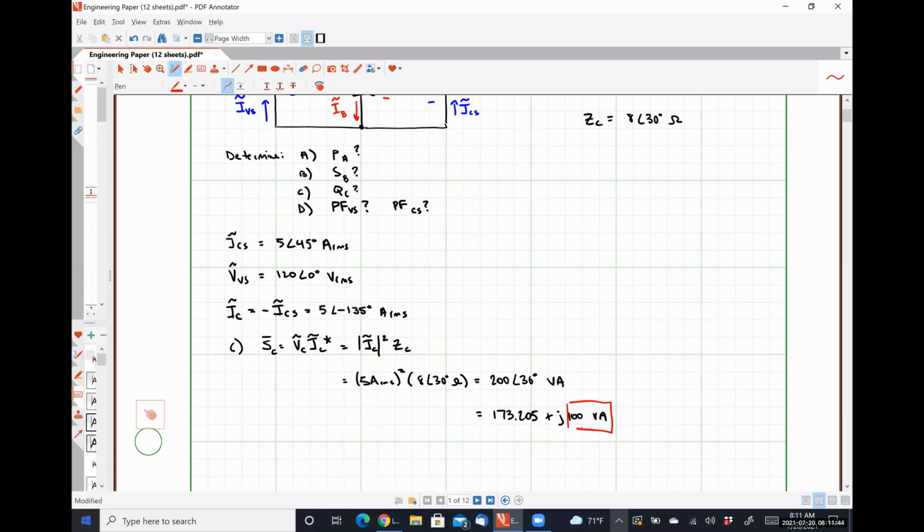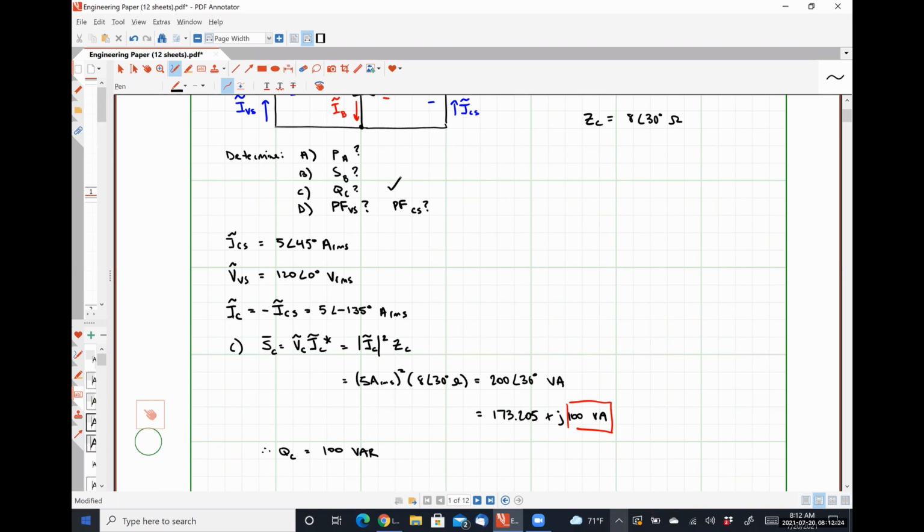It would be the imaginary portion of the rectangular representation of the complex power. So we could say that QC is 100 vars. Does anything seem unreasonable about the analysis that we did there? All right, so we've gotten this guy taken care of.